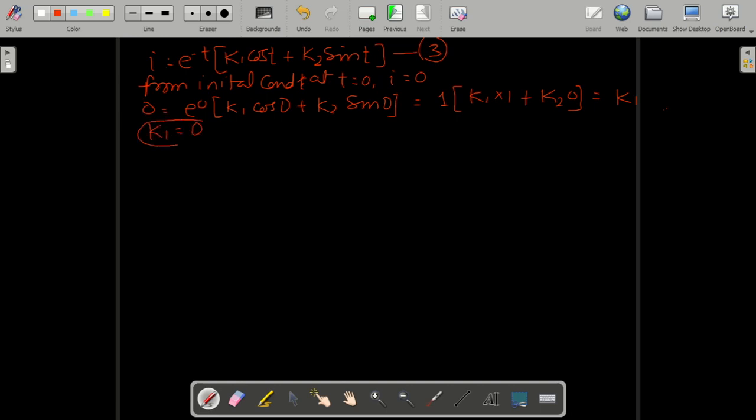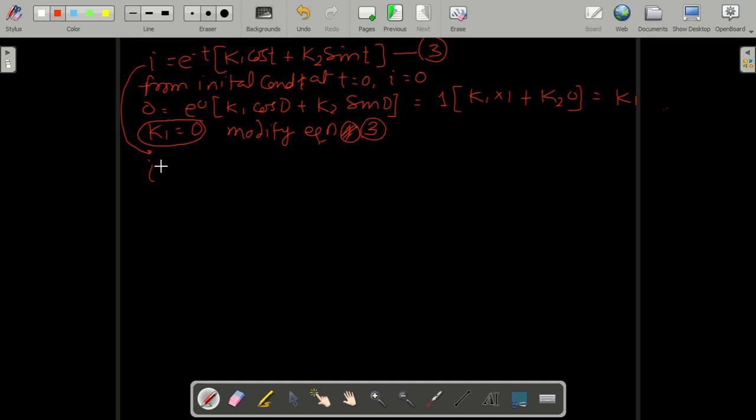So let's modify equation 1. Sorry, not 1, modify equation number 3.